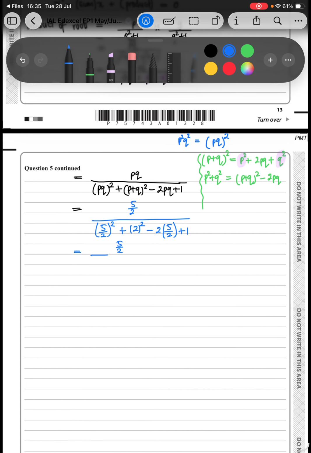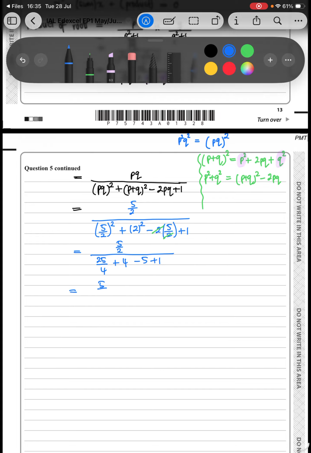5 over 2 over 5 over 2 whole thing squared is 25 over 4, plus 2 squared is 4 minus, the 2's cancel off, so we have a 5 and then a plus 1.